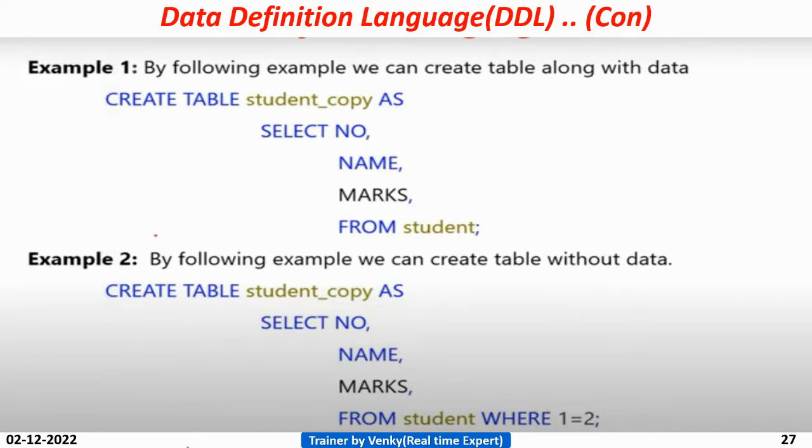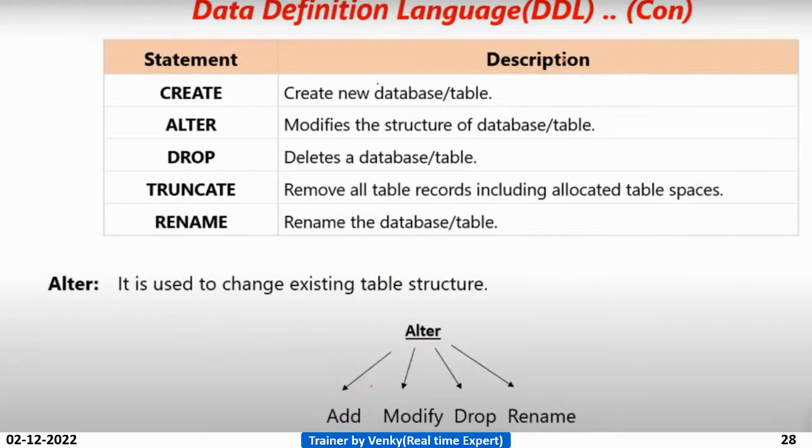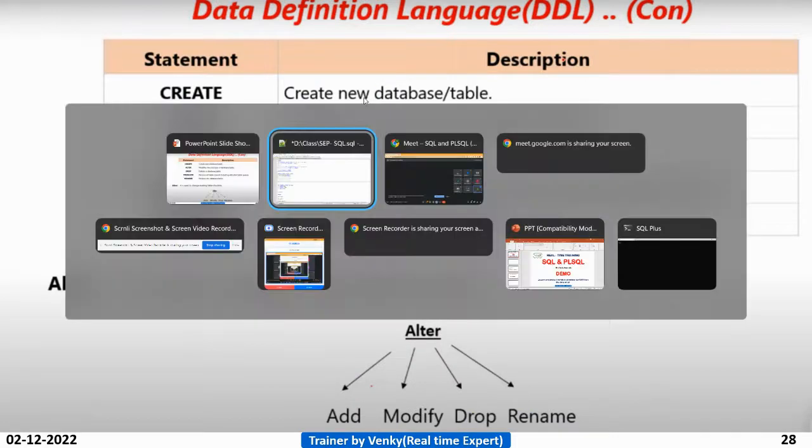By following this method, we can create a table. Using a subquery also we can create the table, but when we come to the subquery concept, we can discuss that one. So first of all, let's see an example to create a table.